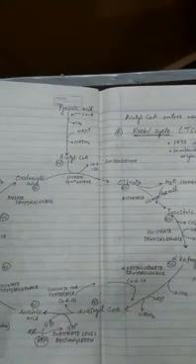So before we move on to the next main topic, I just want to summarize this whole thing once again. The pyruvic acid first of all enters from the cytoplasm into the mitochondria.